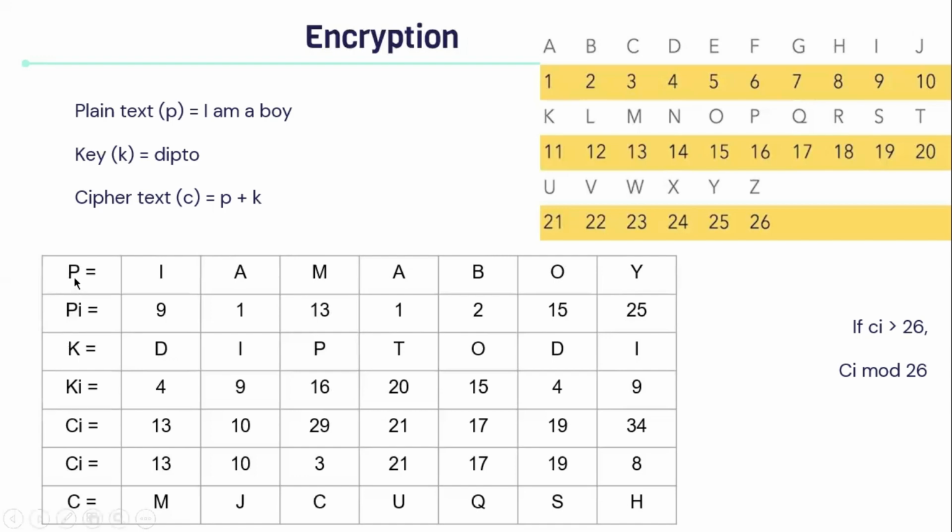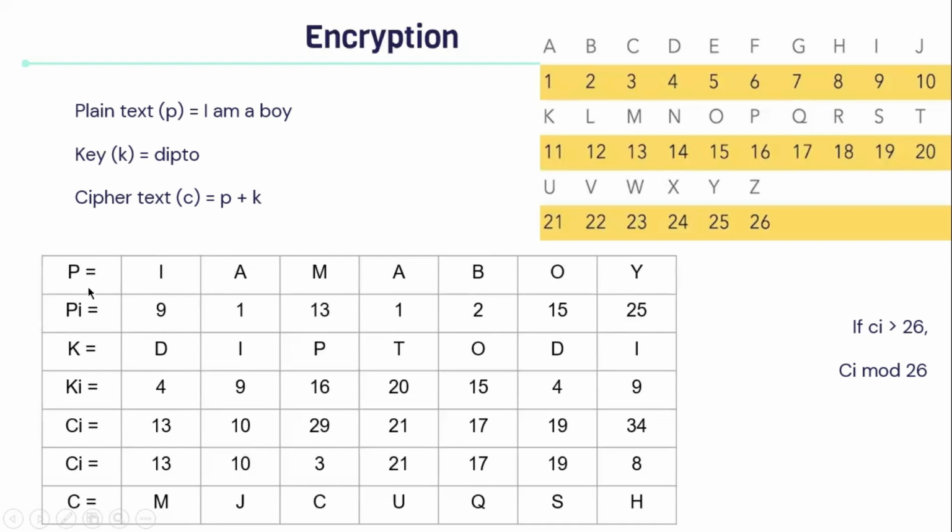So here is the plain text, I'm a boy, and the index value Pi of each alphabet. Then we have the key, and Ki is the index value of the key: D for 4, I is 9, and so on. The Ci value, which is the summation of Pi and Ki, is this.